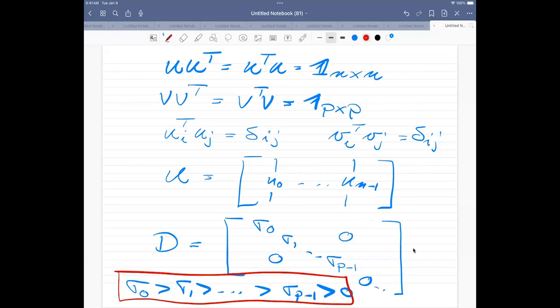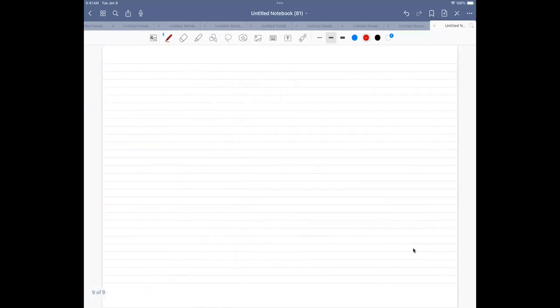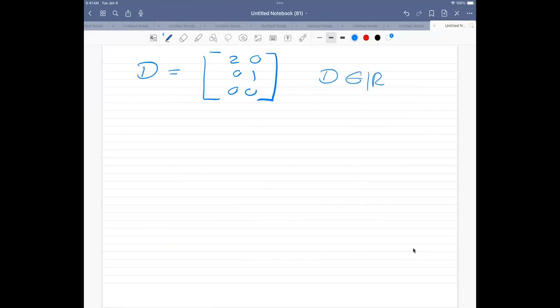So if we now look at a typical example, just to give you an example of what this D could look like. The matrix D is given by 2, 0, 0, 1, 0, 0. So in this case, D is a matrix of dimensionality 3 times 2.